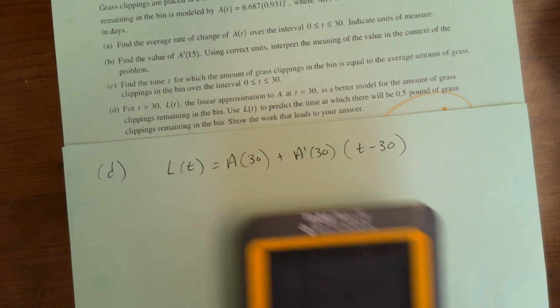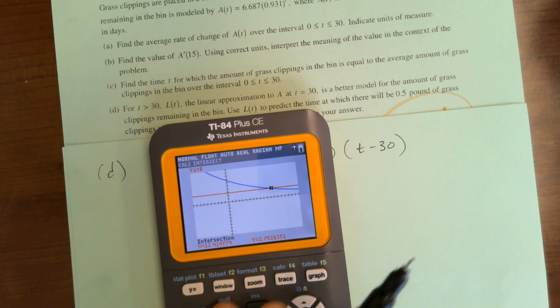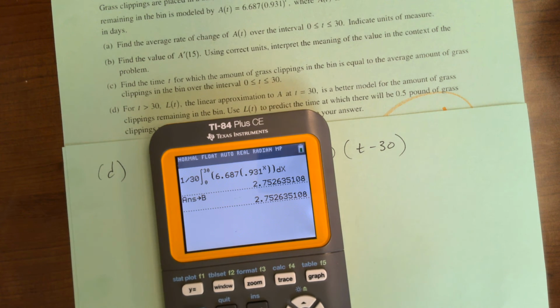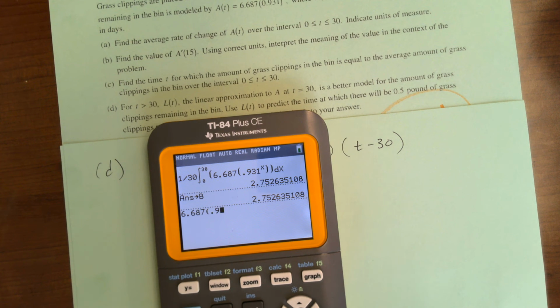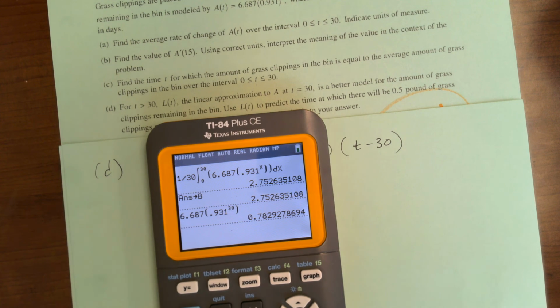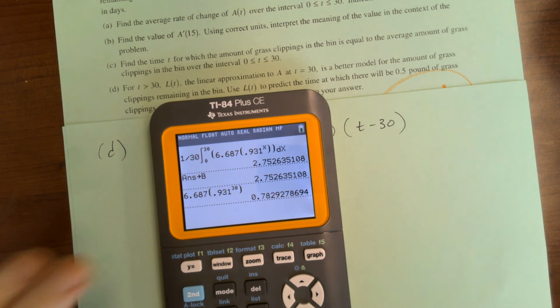So A of 30, 6.687 times 0.931 to the 30th, is right there. Let me store it now.